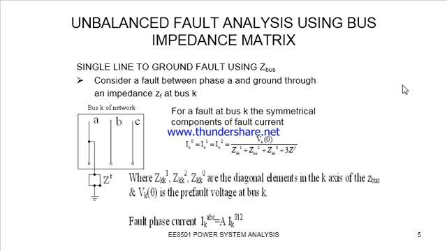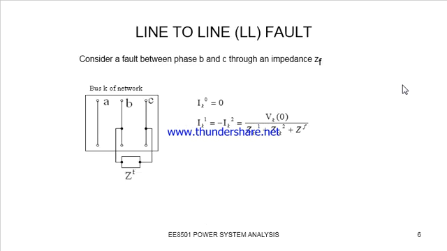We can have ZKK 1, 2, 0 as the diagonal elements in the K axis of the Z bus and VK of 0 is the pre-fault voltage at bus K. Therefore, the fault phase current IK ABC is equal to A into IK 012, the sequence values here. Thereby, the line to line fault can be considered in this case.